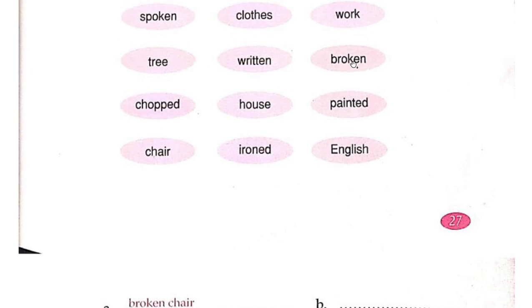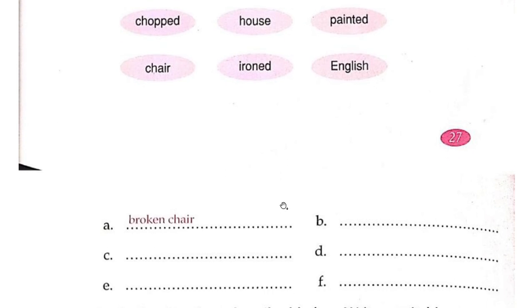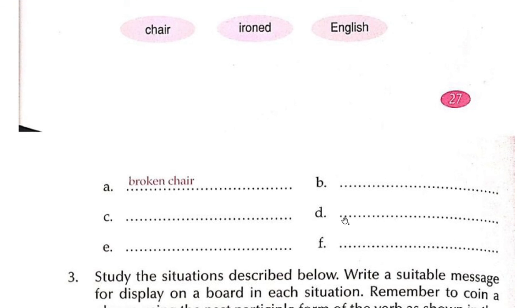See, broken chair. Similarly, now you can make many phrases from here. Spoken English. Written work. Ironed clothes. Chopped tree. Then painted house. Like this you can make many phrases and then you can write these phrases here.